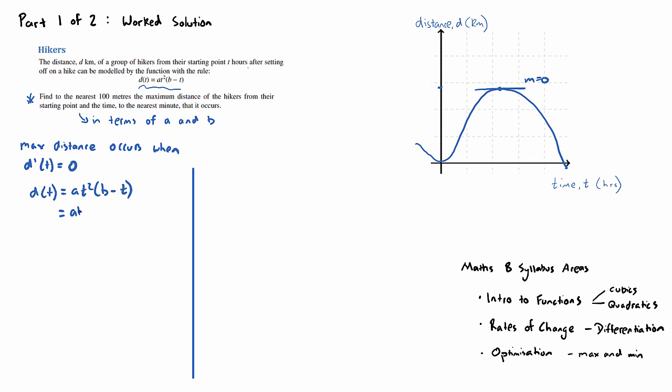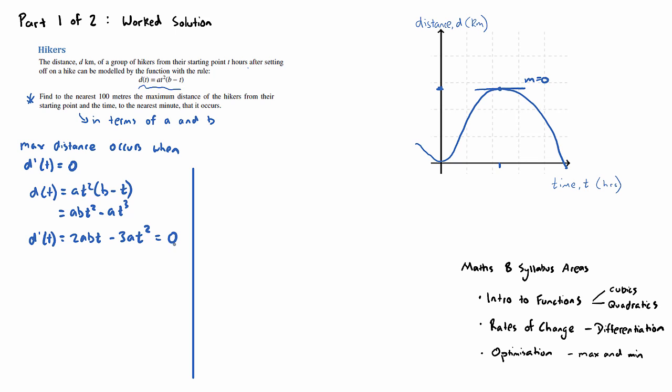So it becomes ab t squared minus at cubed, and the derivative becomes abt, that's just to the power of 1, so just t, subtract 3a t squared. I'm going to make this equal to 0 because I'm going to solve for t, and that'll then allow me to sub it back into the original function and find my maximum distance.